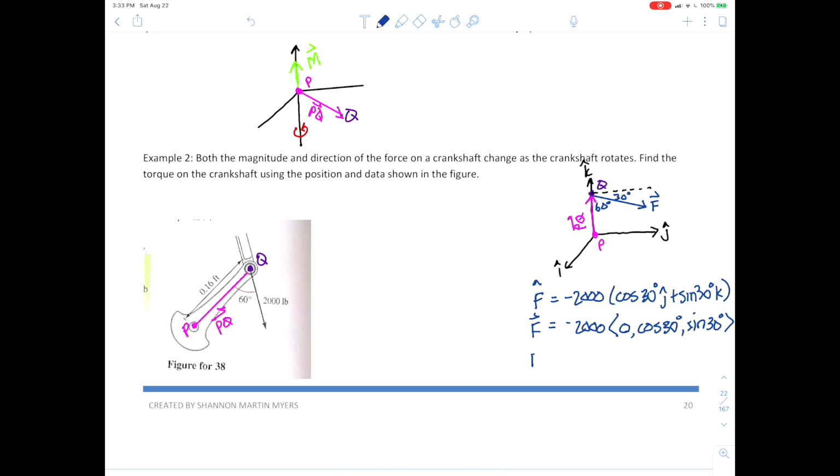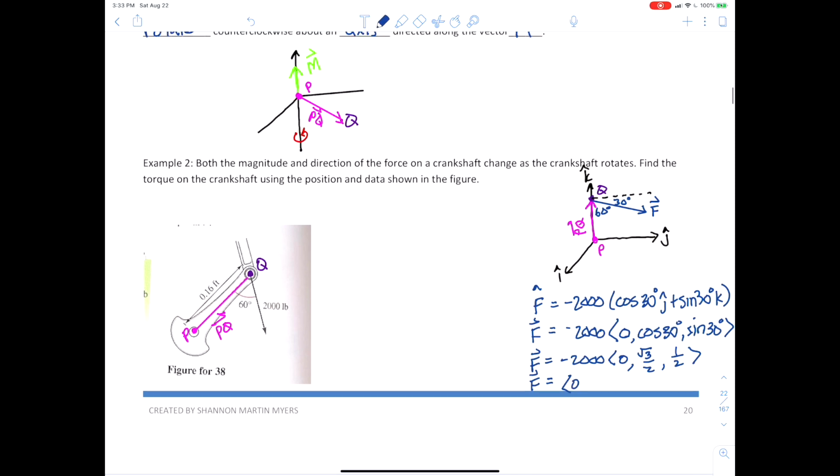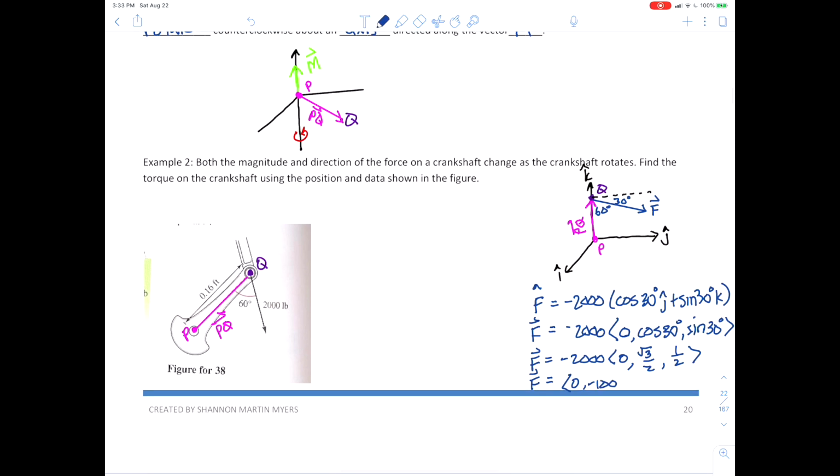All right, so this of course gives us the force vector will be negative 2,000 times 0, square root of 3 over 2, and 1/2, which will give us a force vector of 0, negative 1,000 root 3, negative 1,000.